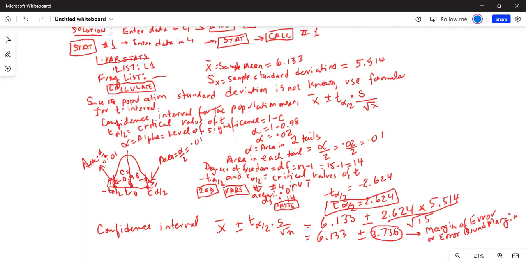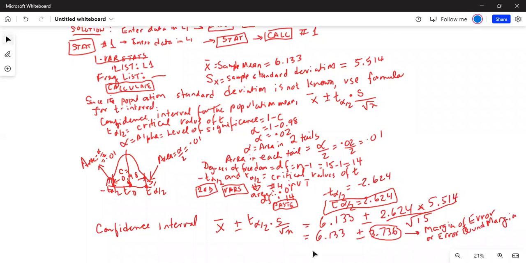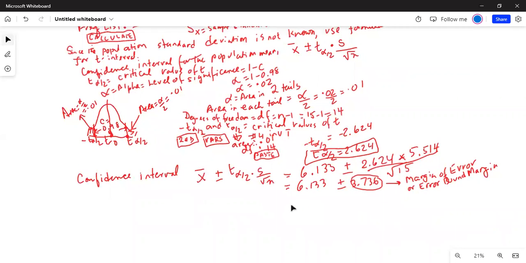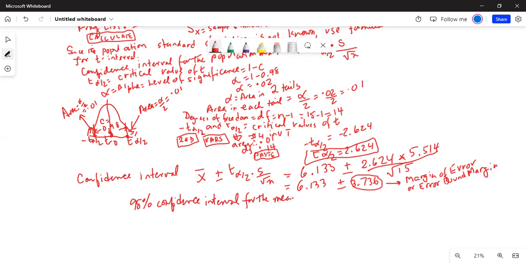Okay. So if I may create some space. So my 98% confidence interval for the mean is 6.133 minus 3.736, and this is the lower boundary, comma 6.133 plus 3.736.